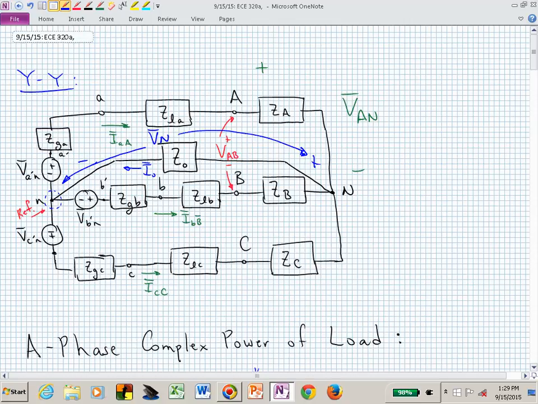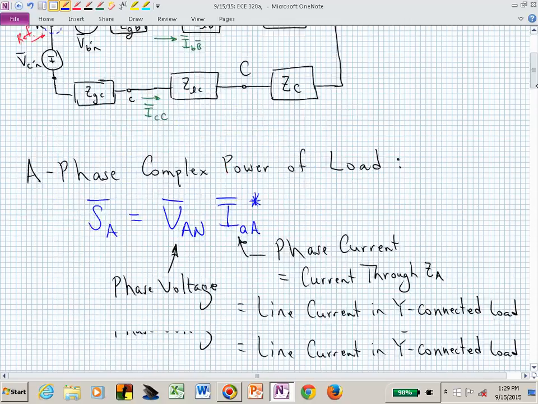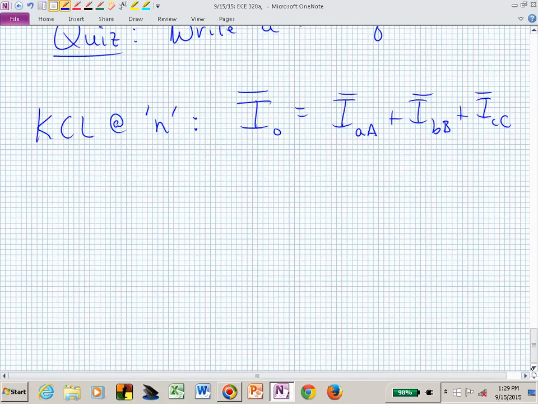That's measuring capital V sub capital N. We divide that by Z sub 0, and that gives us I sub 0 flowing from right to left in the positive direction. So I sub 0 is V sub N over Z sub 0.